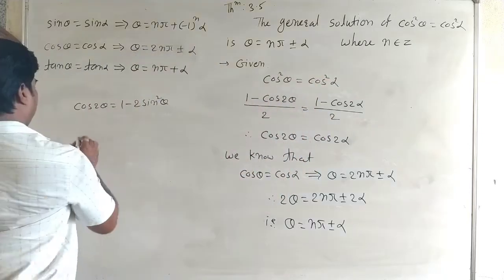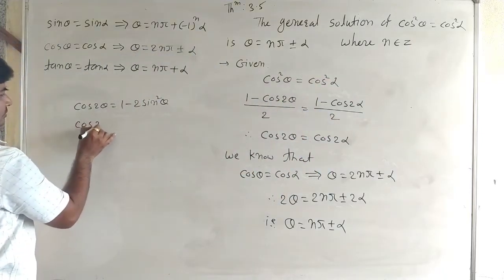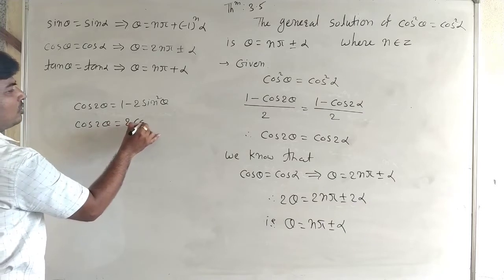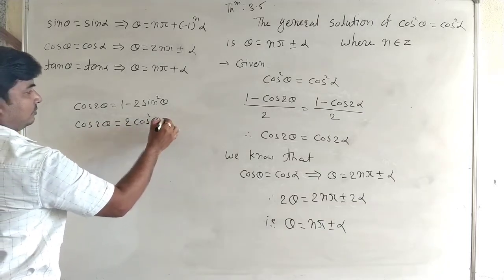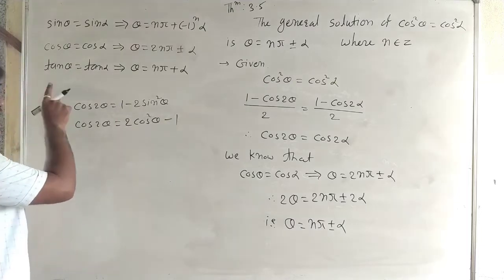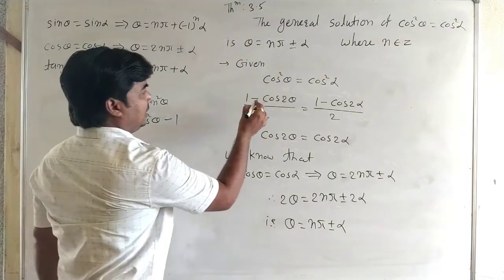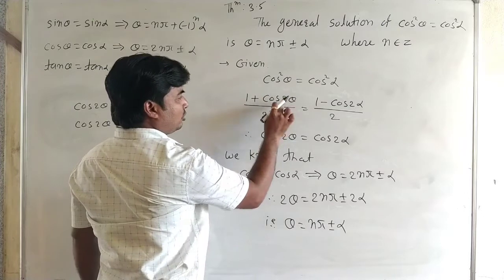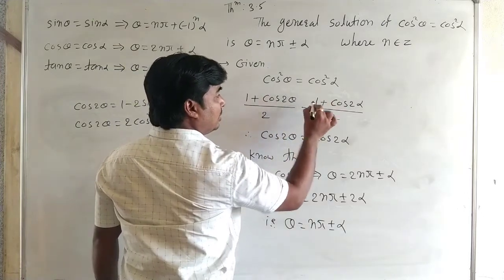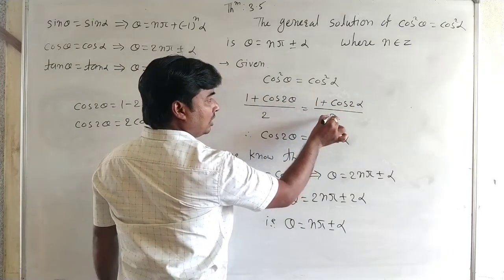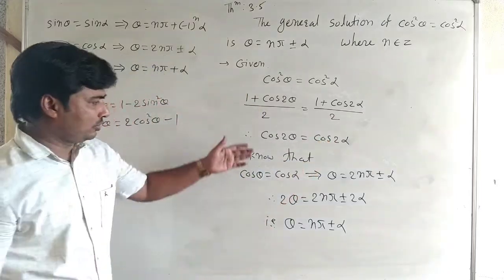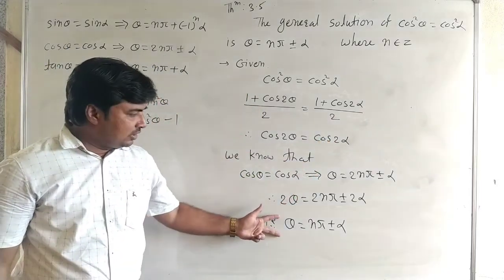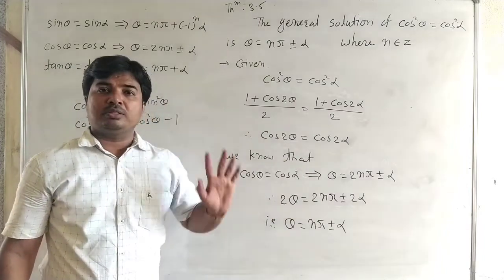Again here we use the formula cos 2 theta is equal to 2 cos square theta minus 1, the formula for the multiple angles. Then cos square theta is equal to 1 plus cos 2 theta upon 2, and cos square alpha is equal to 1 plus cos 2 alpha upon 2. The 2 cancels, the 1 cancels, we get this, and same procedure. Theta is equal to n pi plus or minus alpha.